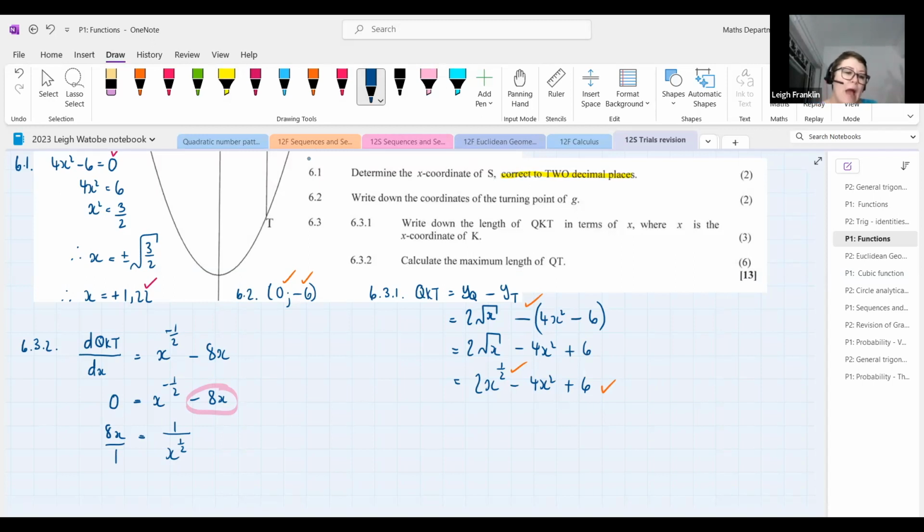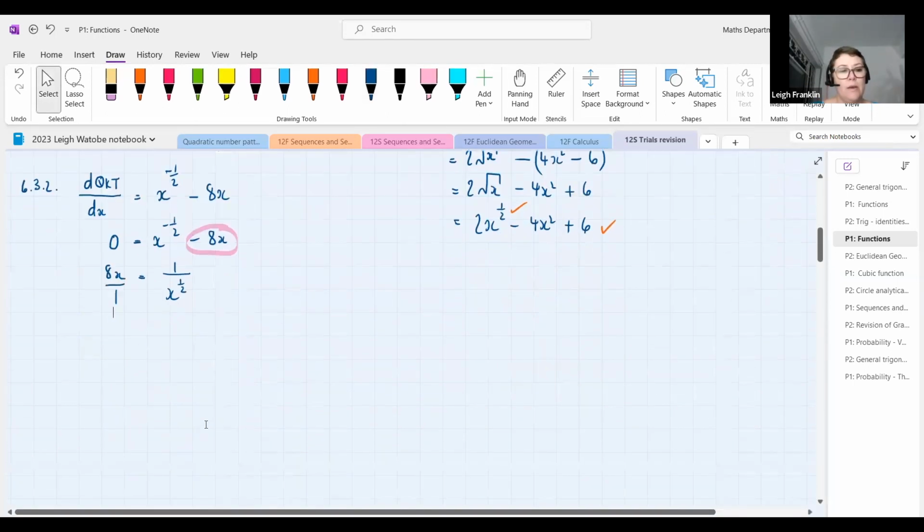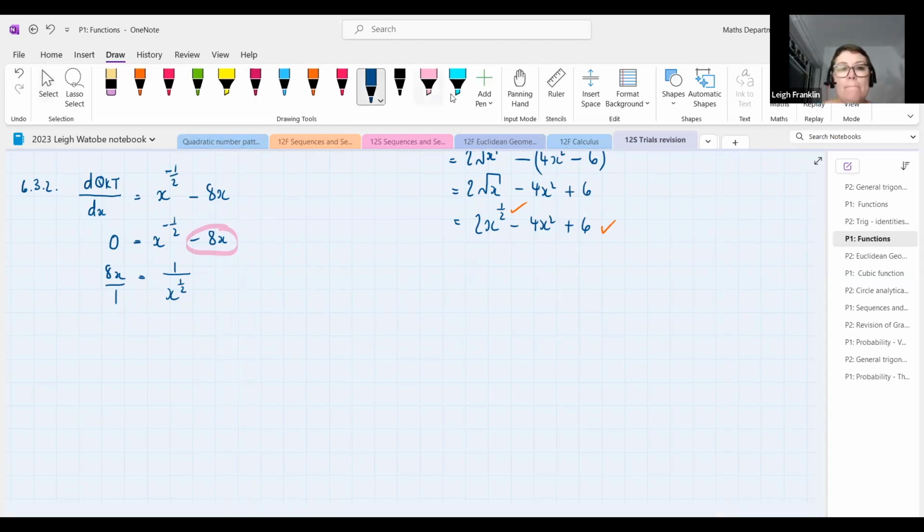What can I do now? I've taken the -8x over to the other side, I've written my exponent as a positive. What could I do now? I can cross multiply.